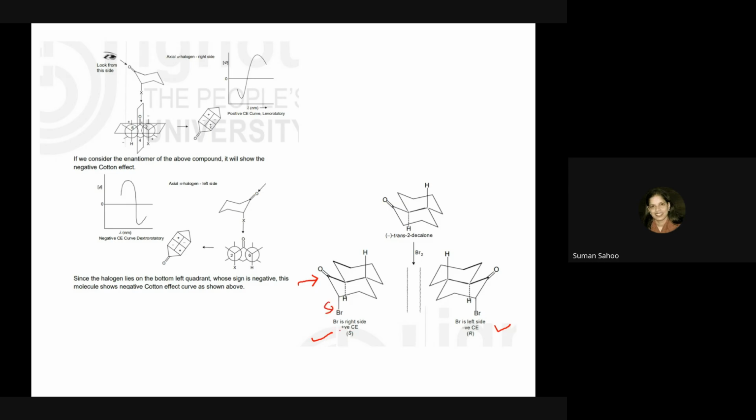So it has an S configuration. In this other case, bromine is on the left hand side, and that should give a negative Cotton effect. As the product formed from this one gives a positive Cotton effect, you can prove that this is the configuration of the compound which is formed, which has the S configuration.